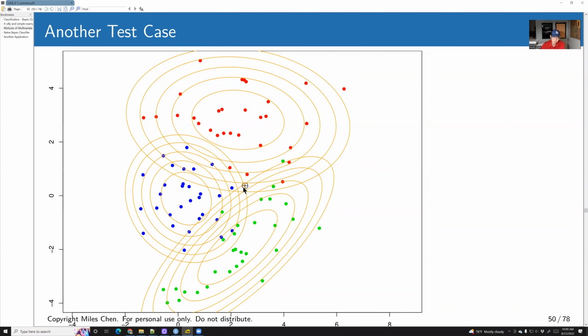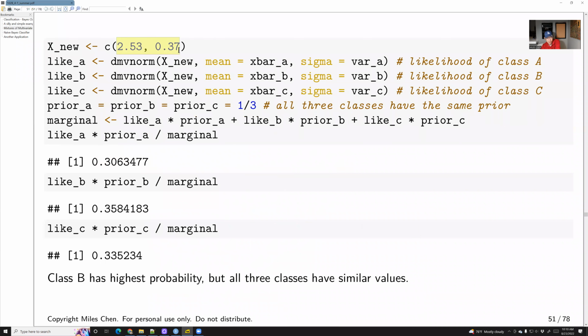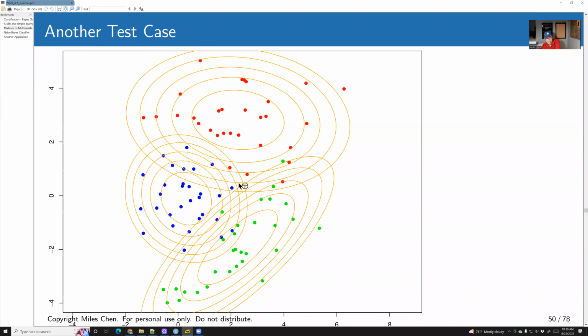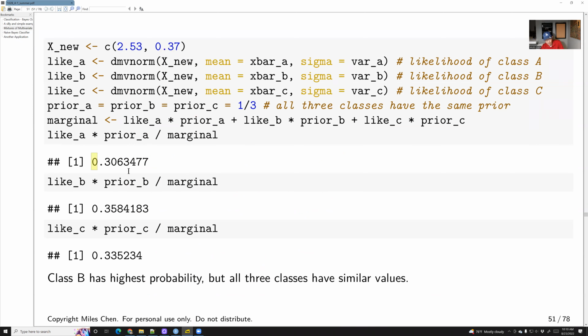Okay, here's one where I intentionally picked a weird spot. This one I put 2.53, 0.37. It's at the intersection of all three of these things. What do you think? Is it red, blue, or green? And the Bayes classifier comes back and says 30% class A, 36% class B, 33% class C. But these are all well within striking range of each other.